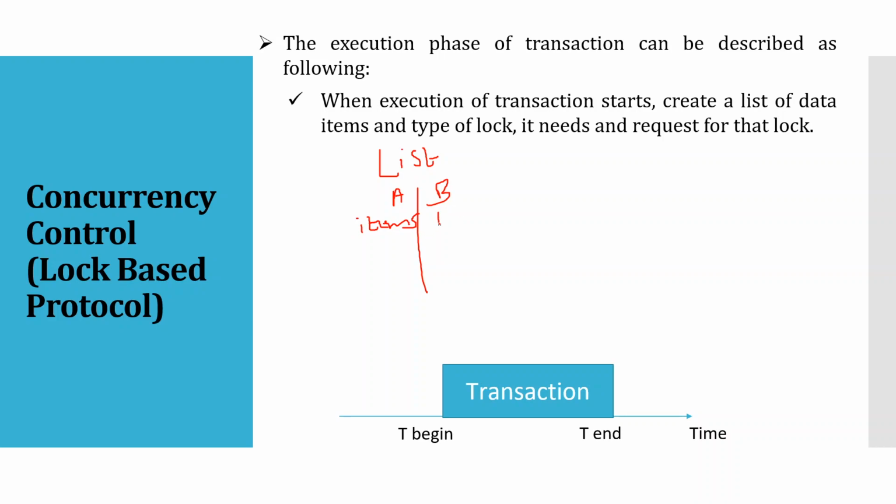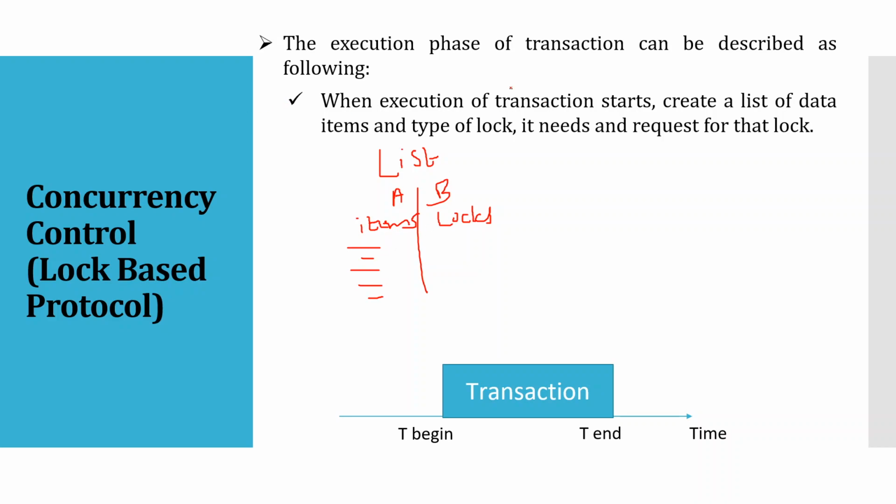And B will have all the types of locks that this transaction requires. So either it will have an S lock or an X lock.